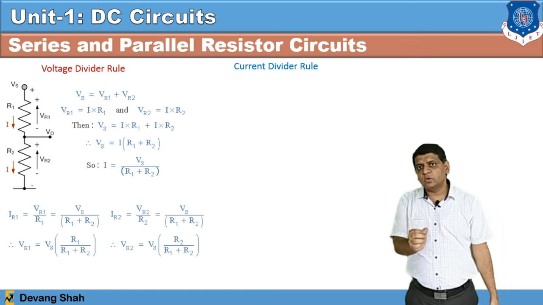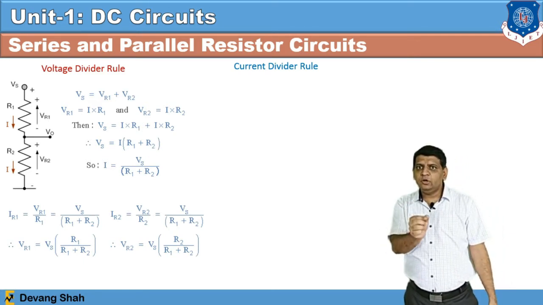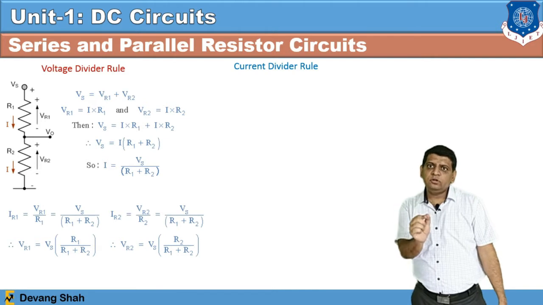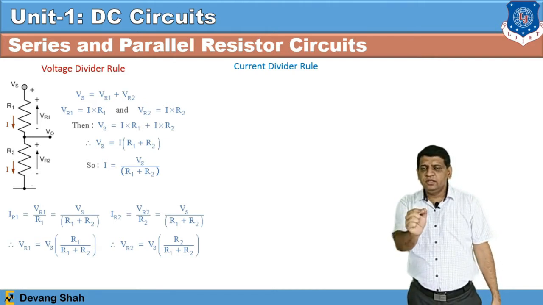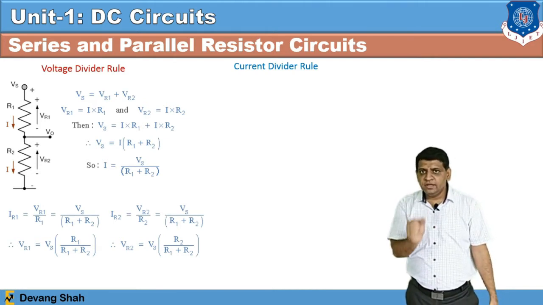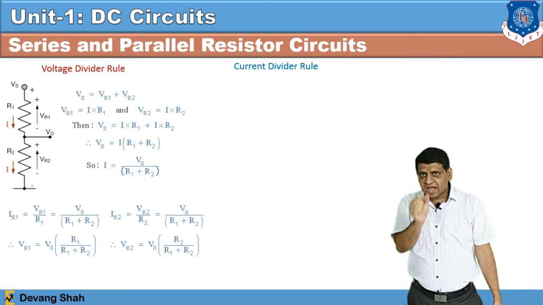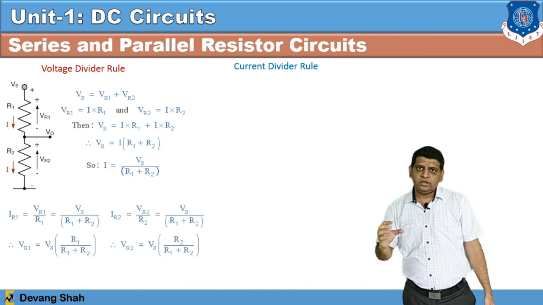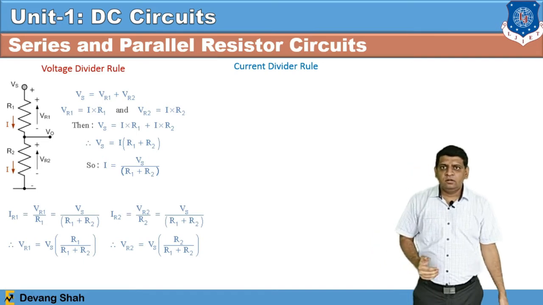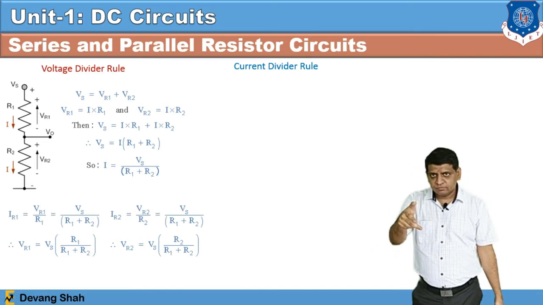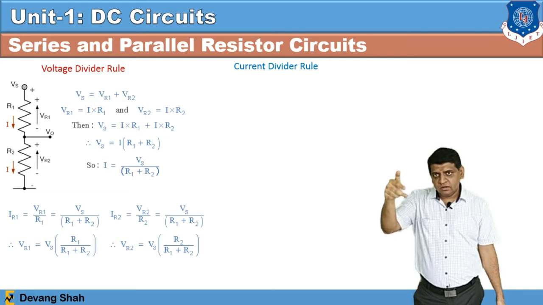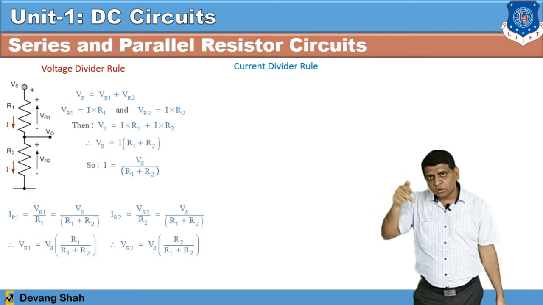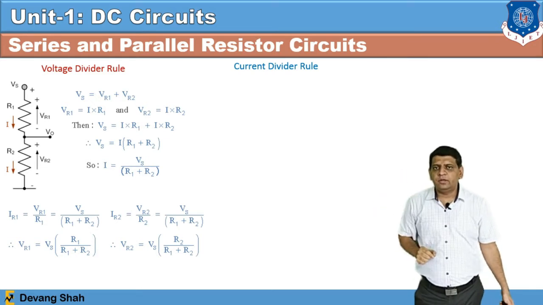So ultimately you will find VR1 is equal to I into R1, and if you put the value of I is equal to V divided by R1 plus R2, you will find VR1 is equal to R1 divided by R1 plus R2 into V, right? So the voltage drop across R1 is the resistance R1 divided by the total resistance into the total applied voltage.